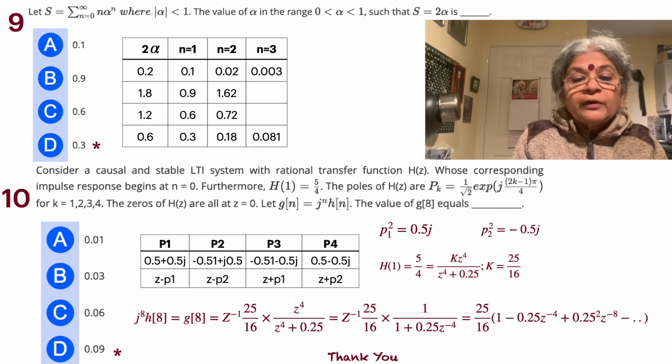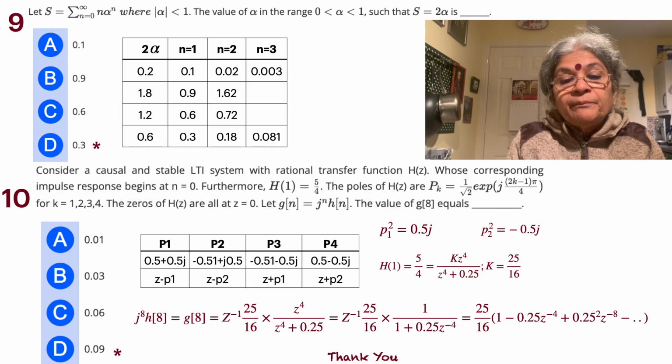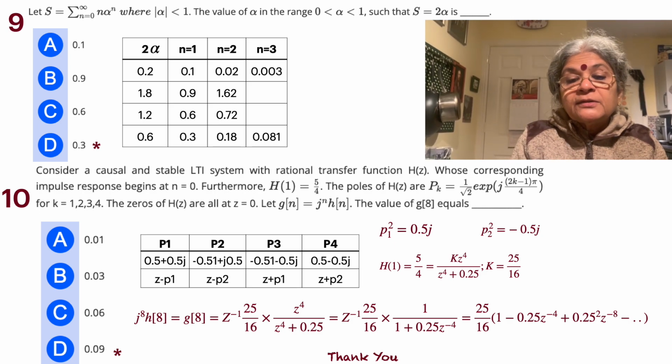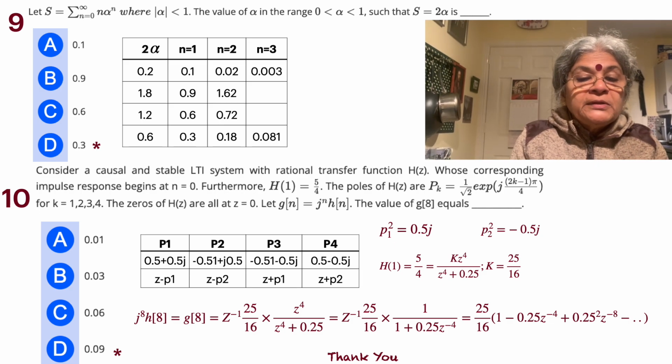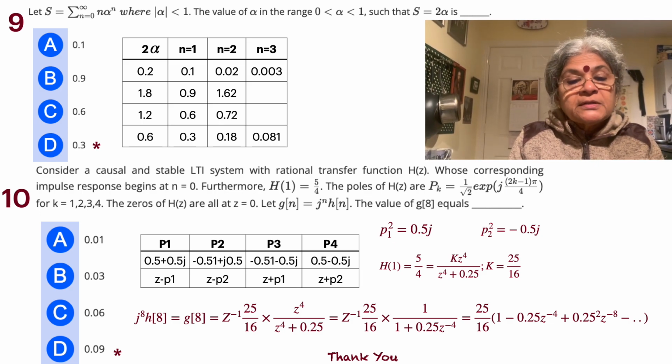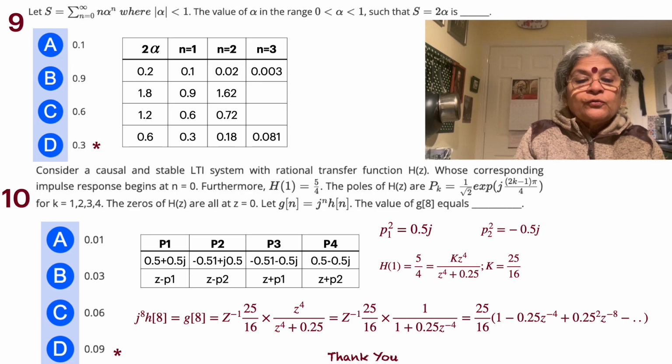So we find K first, and that's equal to 25/16. Then we find g[8] as the inverse z-transform of (25/16) z⁴ / (z⁴ + 0.25).